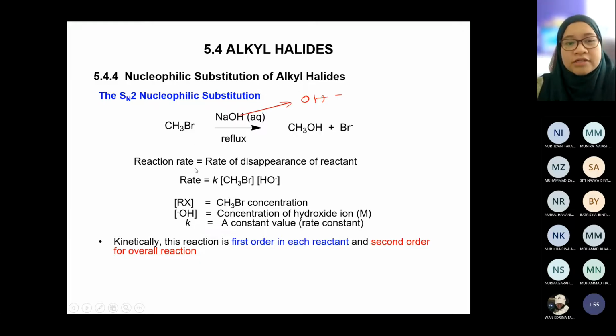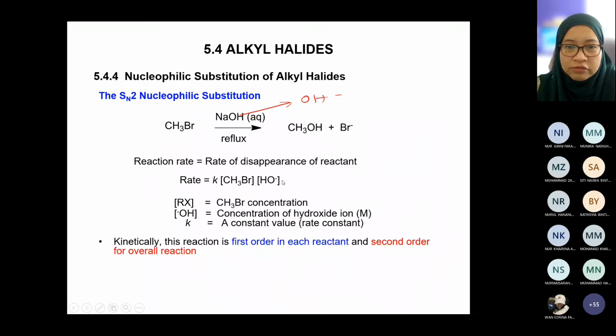Okay, so reaction rate, we were to recall our topic 1 last time, the kinetic topic. Okay, reaction rate is equal to rate of disappearance of reactant. So rate is equal to rate constant times concentration of CH3Br times concentration of OH minus. They are both raised to a power of 1.